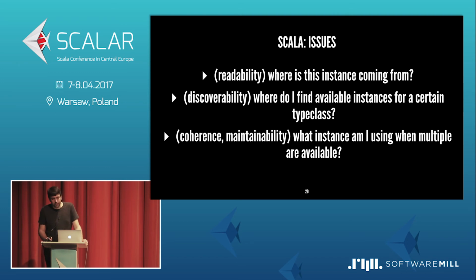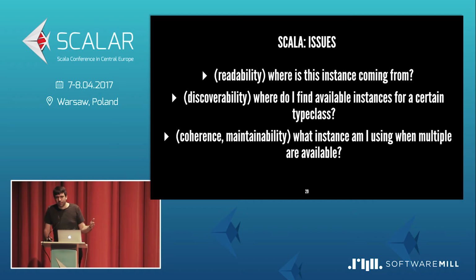So here are a few issues that I've encountered while using type classes in Scala. They're not deal breakers in any way. Type classes are absolutely great, but it would be good if you could do something about this. First, readability. Because we have so many places Scala could look for an instance of a type class, when we see its usage, we don't necessarily know where it's coming from. Second, discoverability.